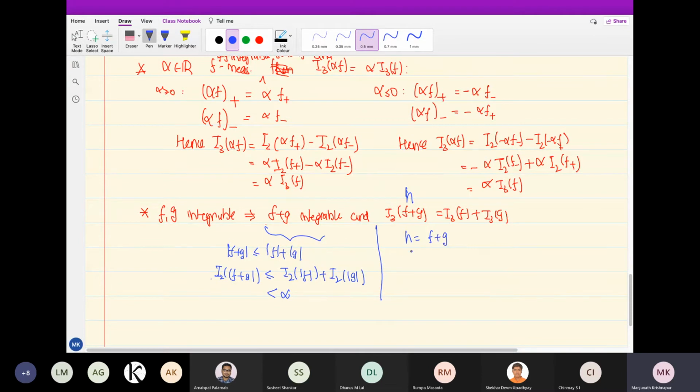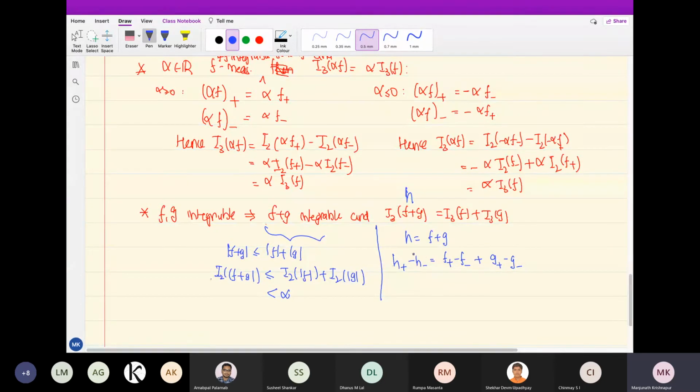So h is f plus g. Now let's write it in terms of positive and negative parts. h plus minus h minus is f plus minus f minus plus g plus minus g minus. Okay, see, I don't know what h plus is in terms of f plus and g plus, and I don't know how to write h minus.